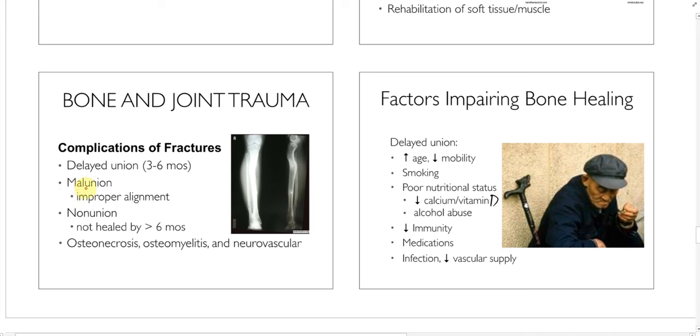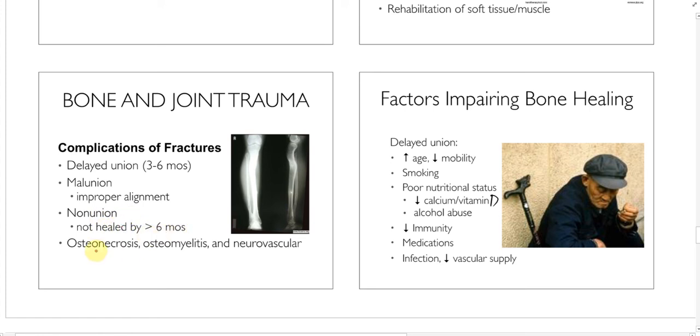We can have a malunion in itself where the bones are not properly aligned, leading to structural and functional issues in how that joint is used. And you can also have a non-union if it has not healed by more than 6 months. So if it's 3 to 6 months that it hasn't healed, that would be delayed union. But then there's a non-union if it's been more than 6 months and it's still not fully healed.